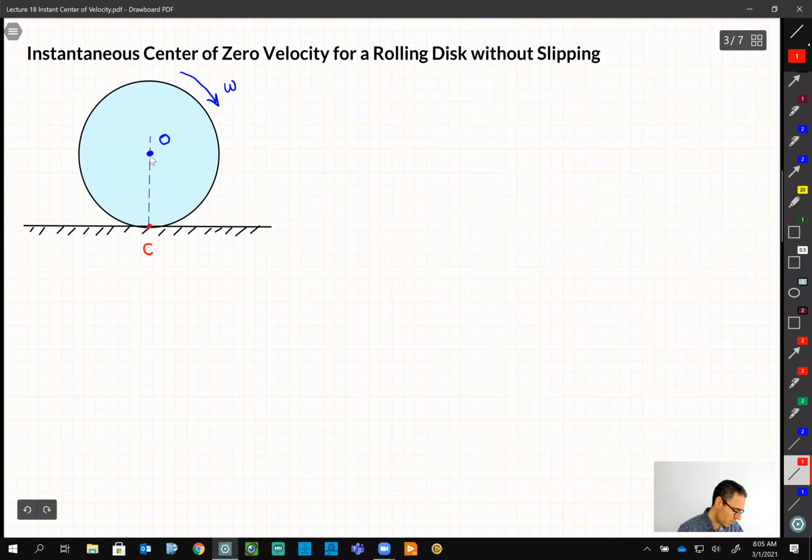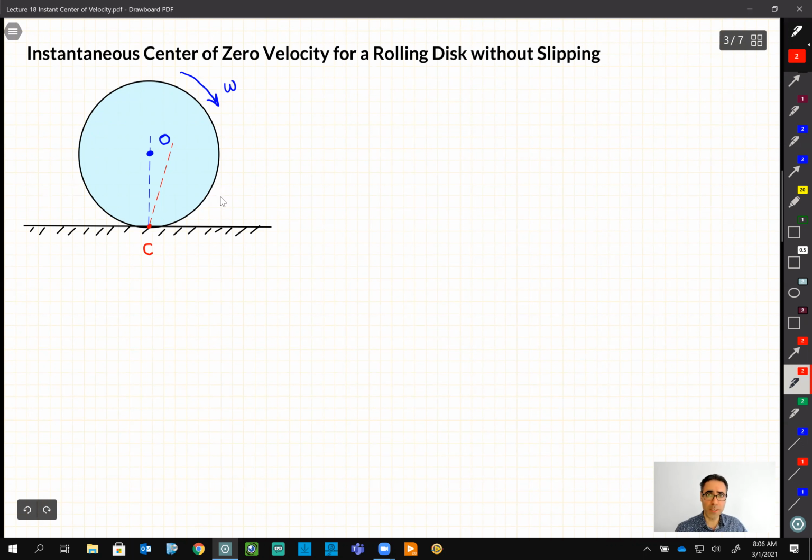In other words, I'm just going to exaggerate here, like this blue line is rolling. Can we say that? If we can say that, then it means we are assuming this disk for a very short period of time is being pinned to the ground. Okay, so I'll say it one more time because it's important.